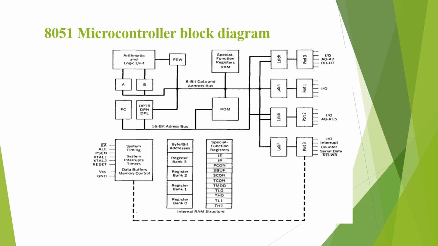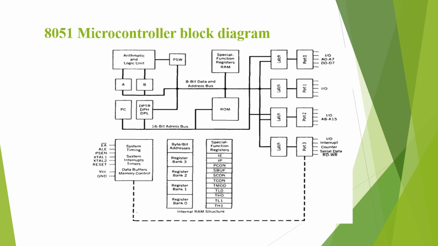And then we have the program status word, and then we have the special function registers in the RAM, and then we have the 4 kilobyte ROM, and then the internal RAM structure with the special function registers shown in detail, and also the 4 register banks in the internal RAM along with the byte or bit addresses.